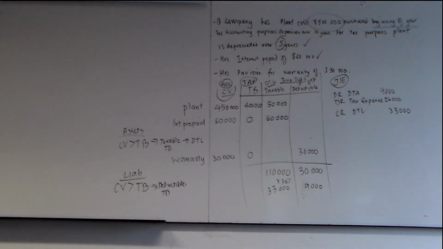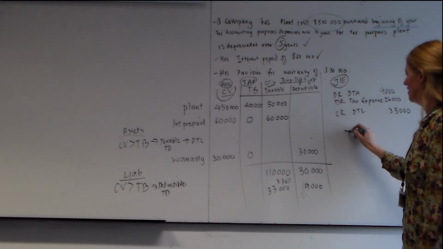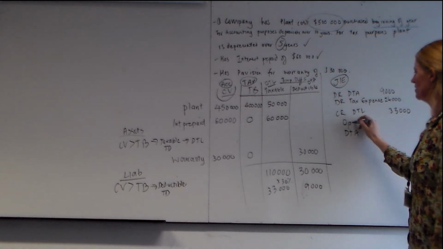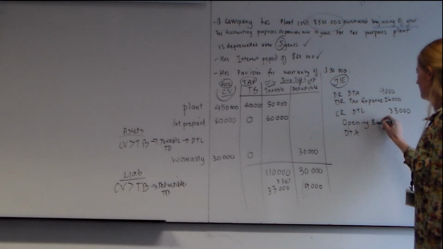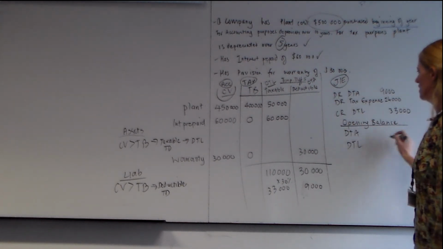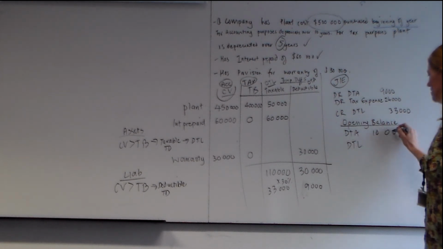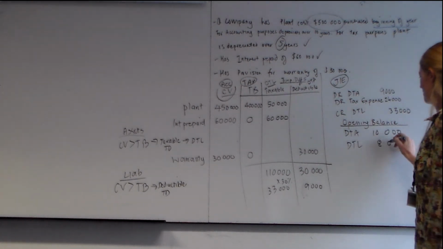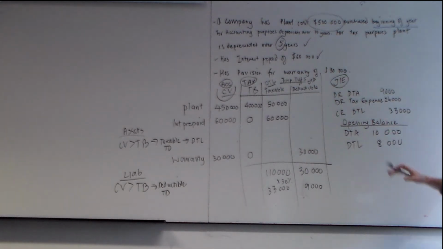If I said to you that there are opening balances, so opening balance for deferred tax asset is 10 and for deferred tax liability is 8, what's going to change here? Okay, so we've got opening balances.